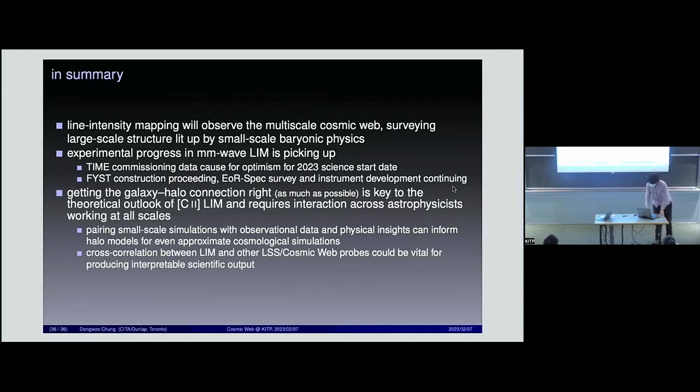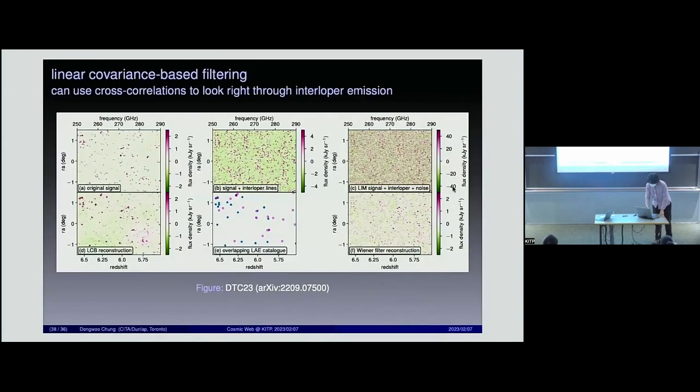One other thing I was thinking about is filtering the C2 map based on cross correlations with other tracers. So you can see, for example, the signal here is on the top left panel. The signal plus the integral over lines is on the middle top panel. It's a mess, right? It doesn't really resemble the original signal at all. And then you add on the noise, and it becomes even worse.